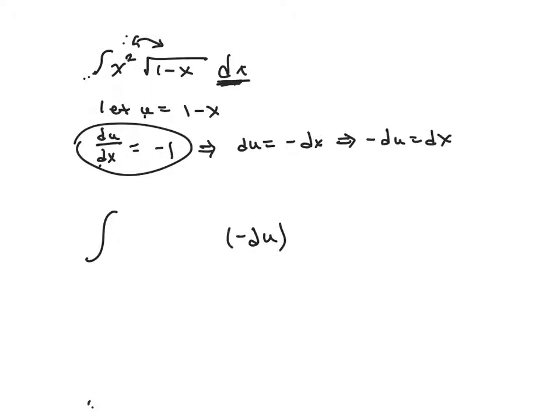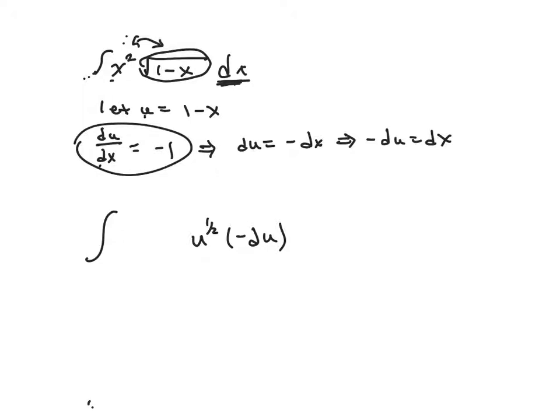Okay. And then u is 1 minus x, so I can replace this here with u to the 1/2, or the square root of u, whatever floats your boat. And then I have x squared that I need to get rid of.